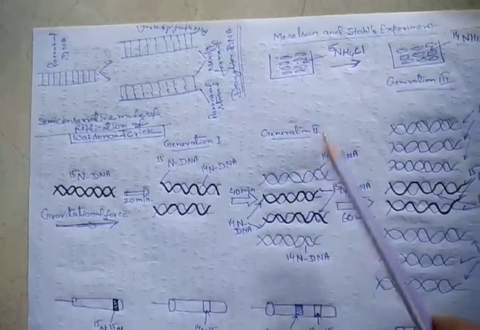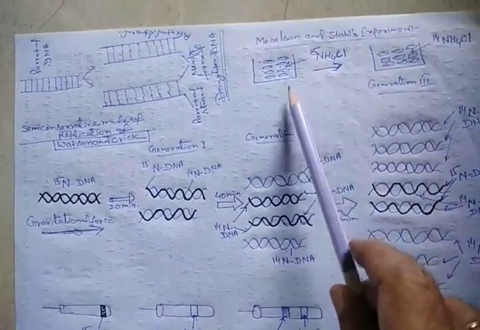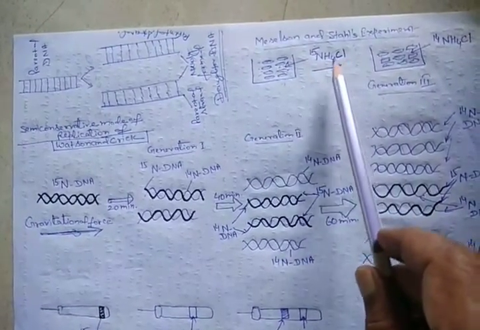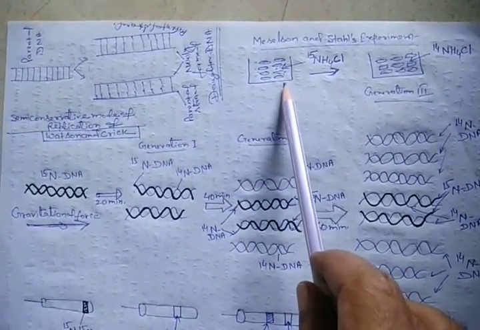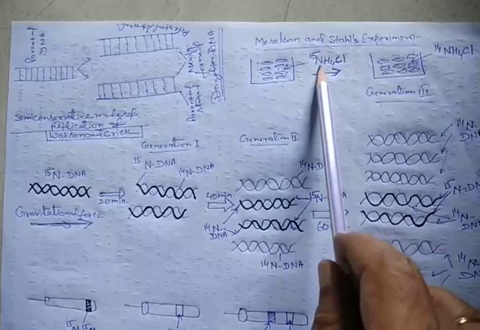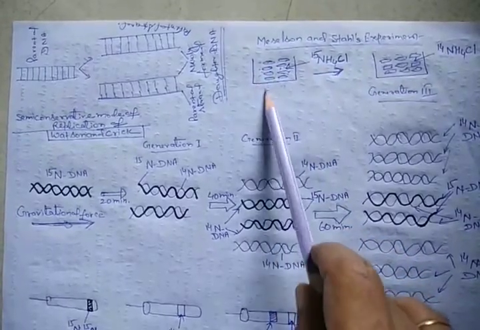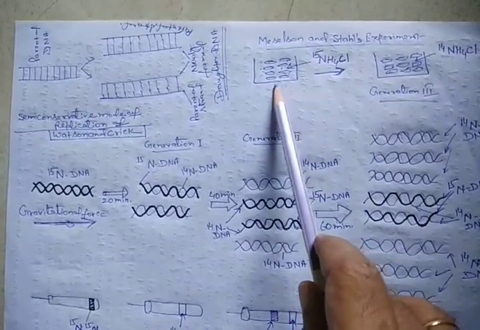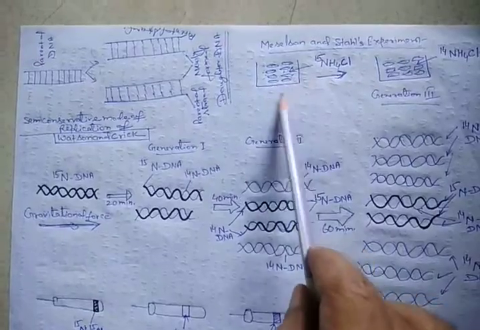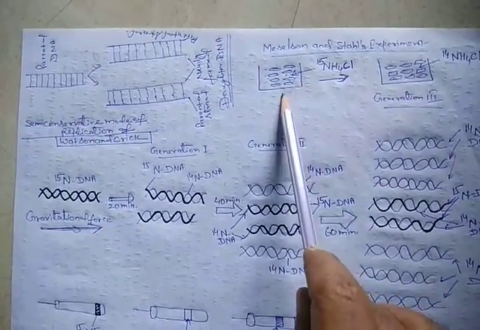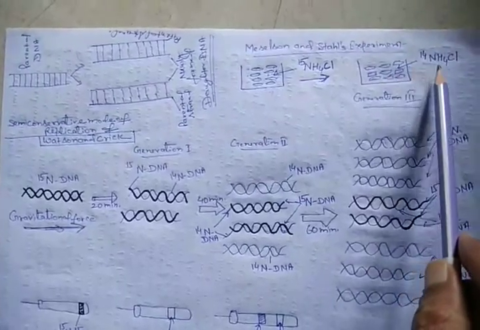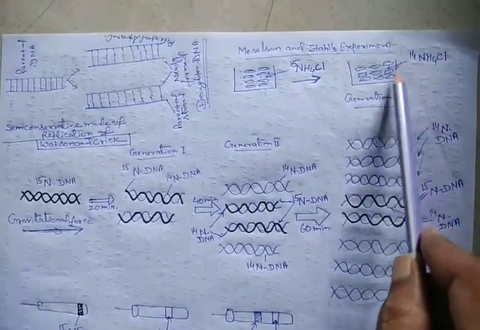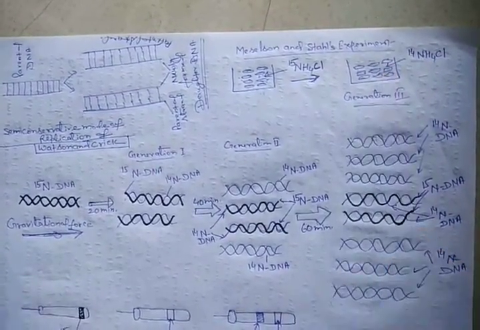So what we learned here is that Meselson and Stahl grew E. coli bacteria on a culture medium having ammonium chloride with heavy nitrogen, and after many generations, when their DNA was completely incorporated with the heavy nitrogen, they transferred the bacteria into another medium having N14, the normal nitrogen.